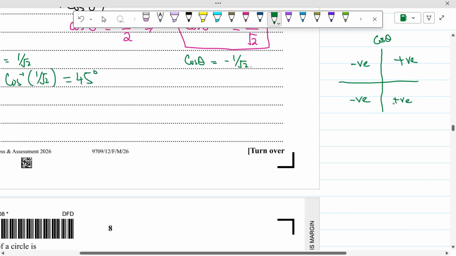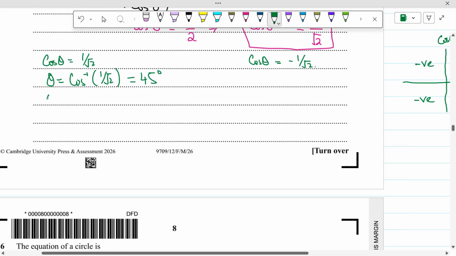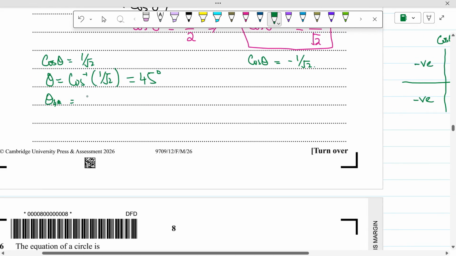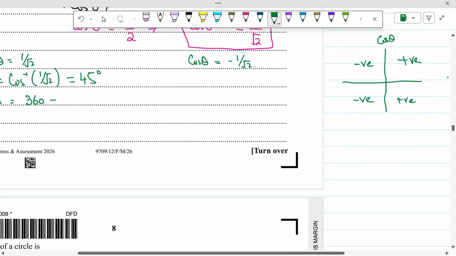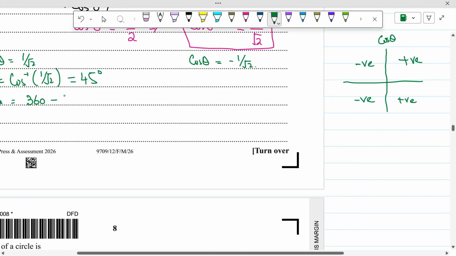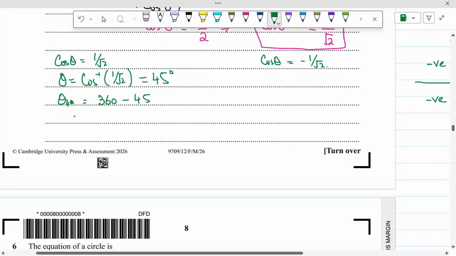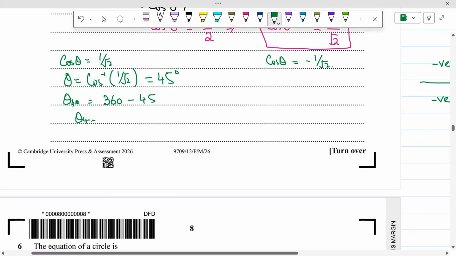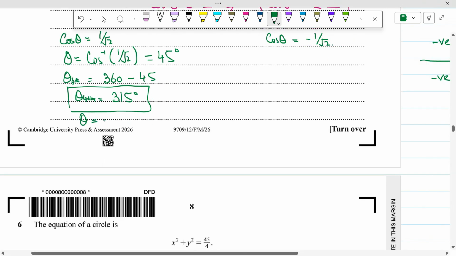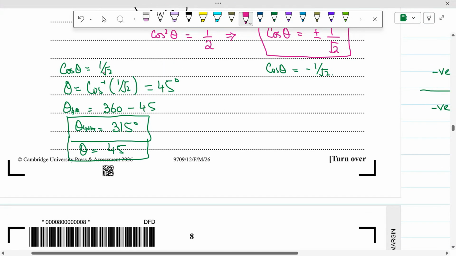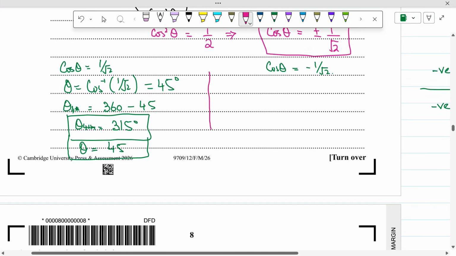So the fourth quadrant value can be calculated using the formula that the fourth quadrant value is 360 minus the value in the first quadrant, which is 45. So the fourth quadrant value is 315 degrees. We have two values corresponding to the positive 1 over under root 2.